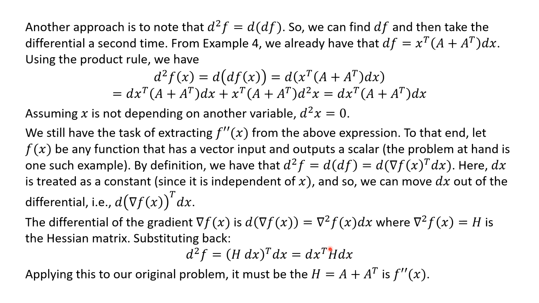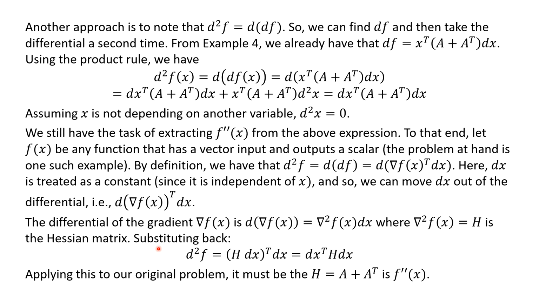So for problems that fit this condition, which is the case for us, the Hessian, or the second derivative, can just be read off. And you notice we have the same form here and here. So the second derivative is A plus A transpose. So we've shown that in a second way.